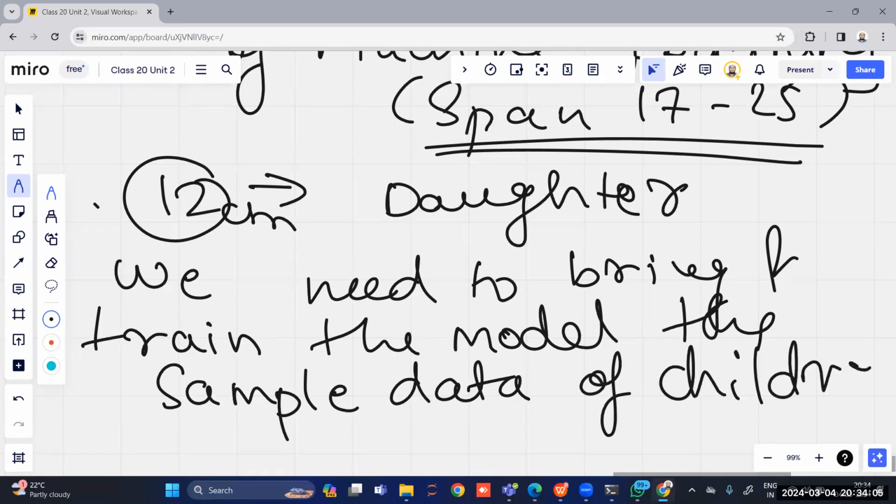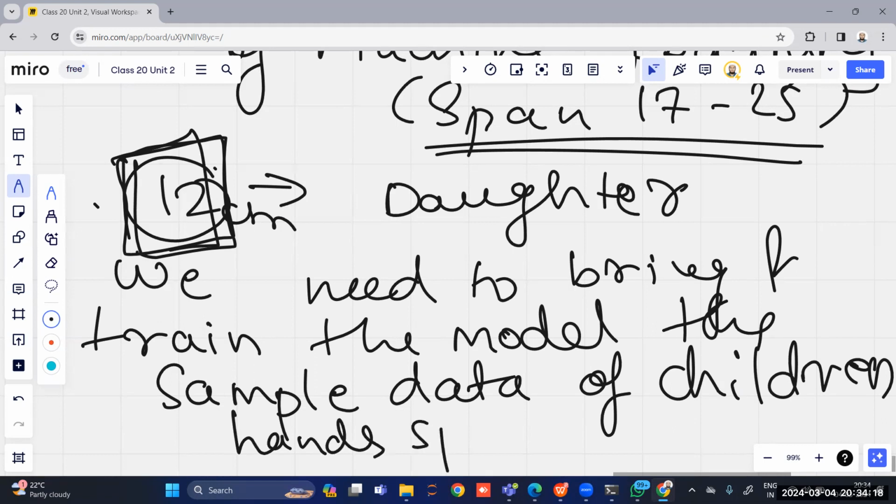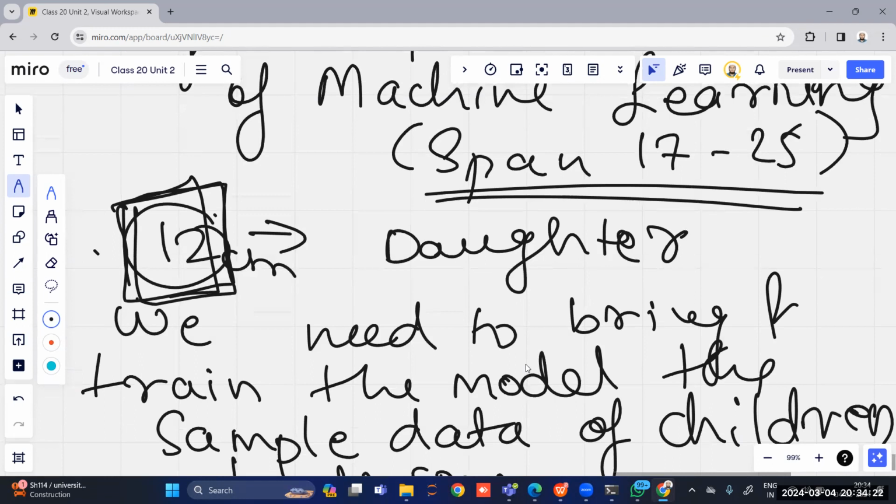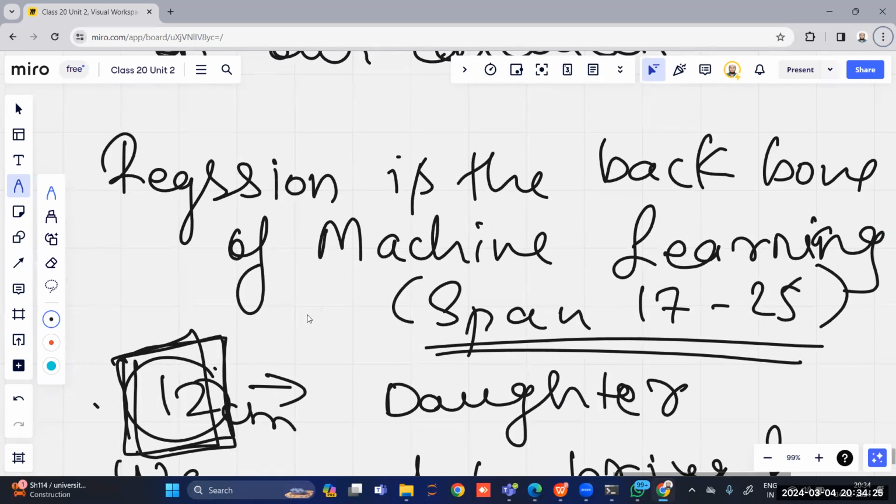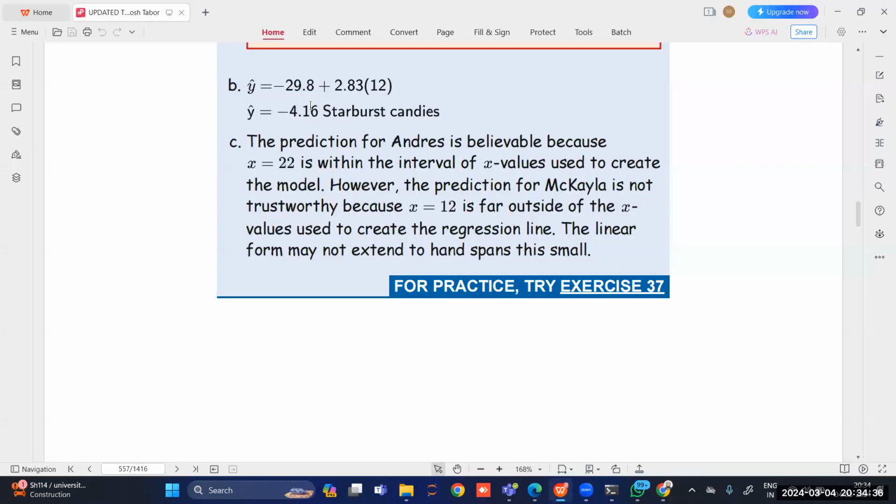Here, the hand span data was not about children. We need to consider a model or sample data for children's hand span and see how many candies fit in it. Then we can see for 12 centimeters. If we train the model on sample data of children's hand span, then the value can come correct. This is the backbone of machine learning, this regression line. This is how we draw a regression line. Then we do least square regression on it, and then we predict the specific outputs of it.